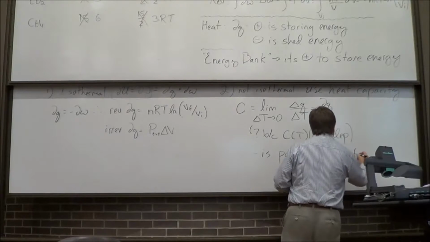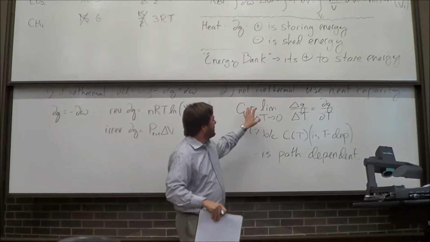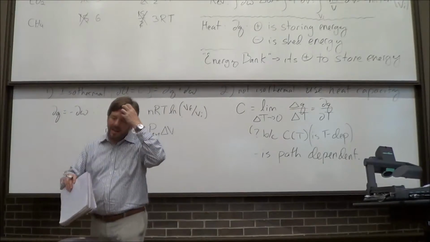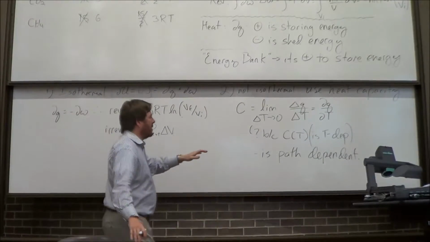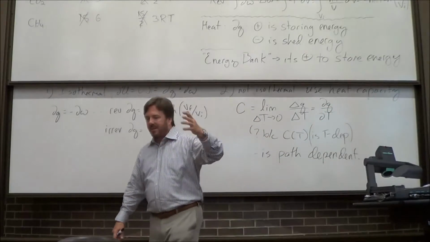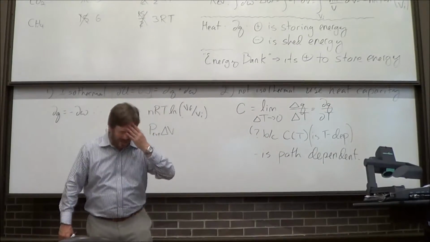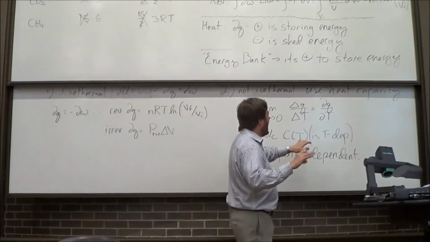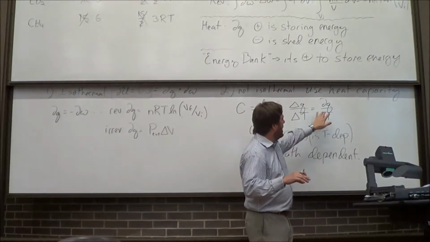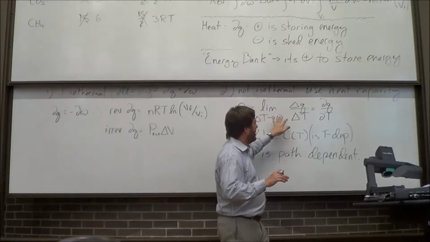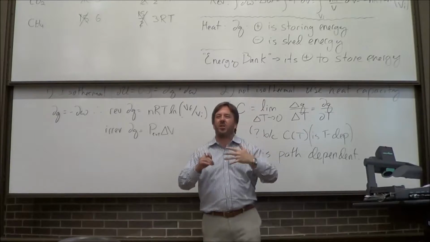And you should be able to guess that because it's equal to the change in heat, which is path dependent. Now, I'm kind of hoping some of you are thinking, okay, heat's path dependent because it's an inexact differential. You're actually going to formally prove it in class and on a homework question. And so definitely I'm thinking heat capacity is going to change depending on how the change goes about.